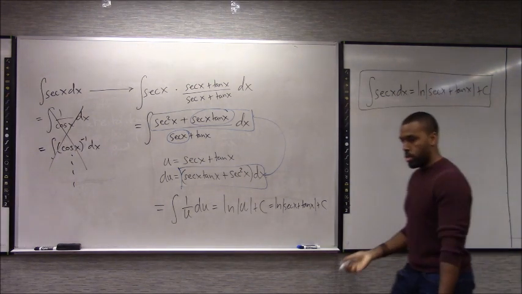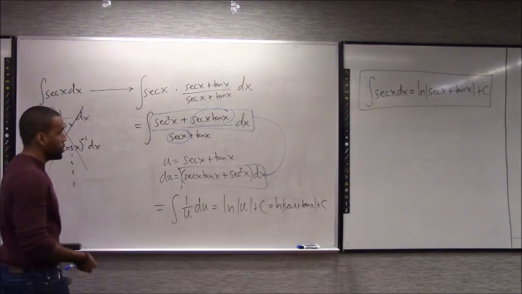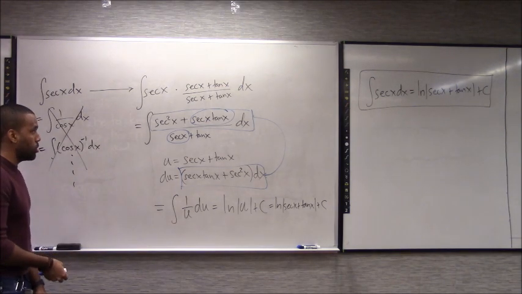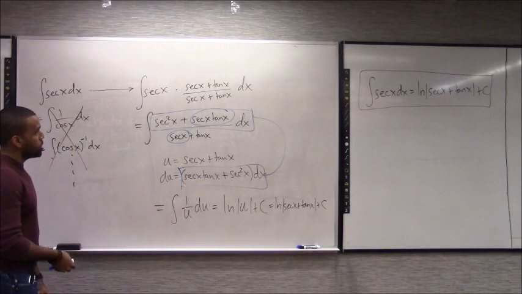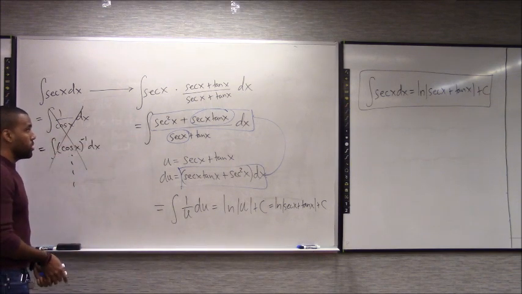That is now a part of our basic rules. It's a very clever substitution where you multiply and divide by some weird thing to get it to work out. By doing that substitution, the numerator just becomes the derivative of the denominator.